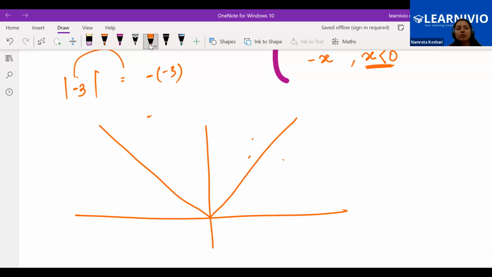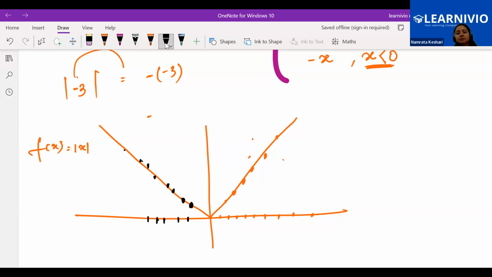This is how the graph of the modulus function f(x) = |x| will look. Whenever you take x as a positive number, the result will be positive. You can see on the graph itself. Whenever you take x as a negative number here, still the output will be positive. You can see in the graph itself.